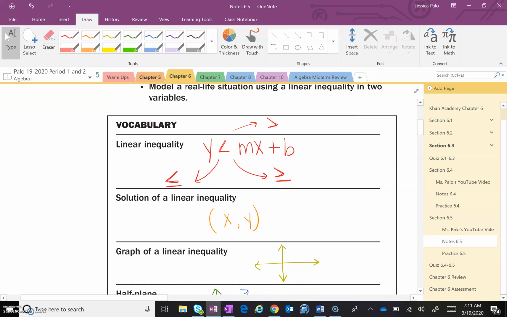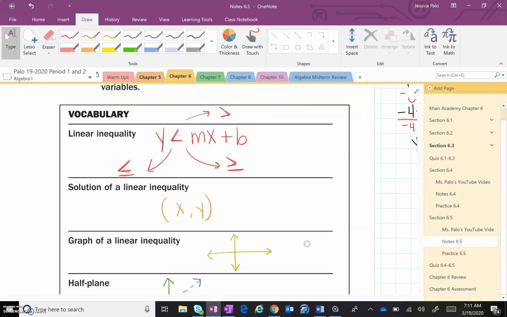The graph of the linear inequality is going to be on a coordinate plane. I know previously you have used a number line with an open circle and a closed circle. Now we are using a coordinate plane, and instead of an open circle, you're going to be graphing a dashed line.